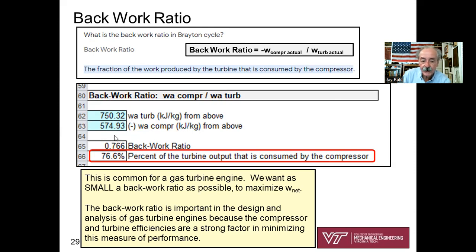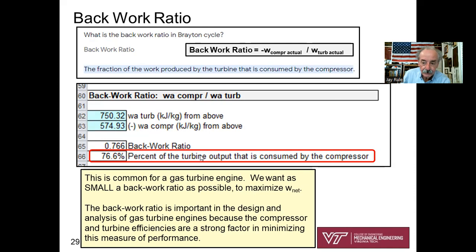So my back work ratio is simply 574 divided by 750, or 76.6%. And so over three quarters of the turbine output power goes to drive the compressor.